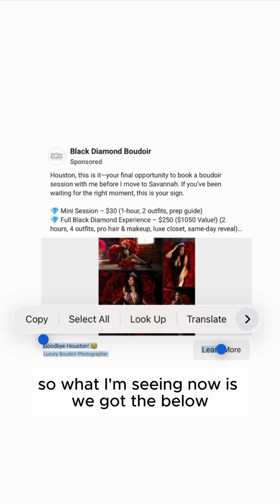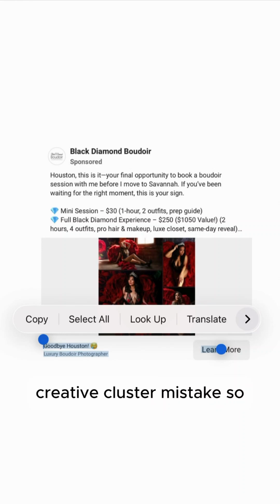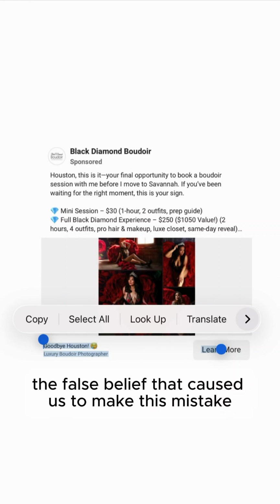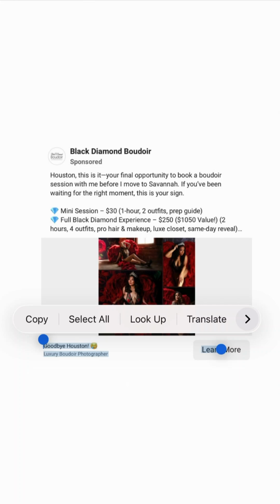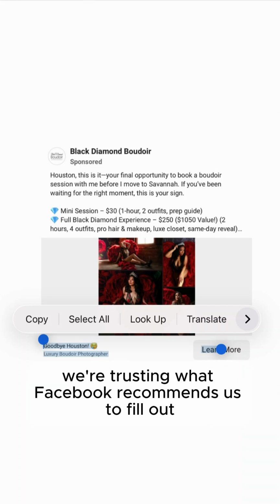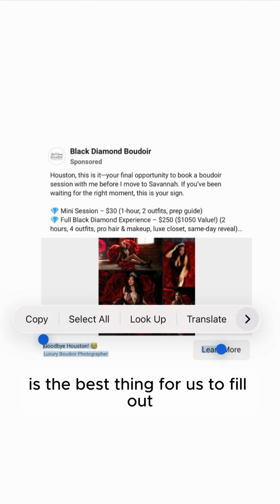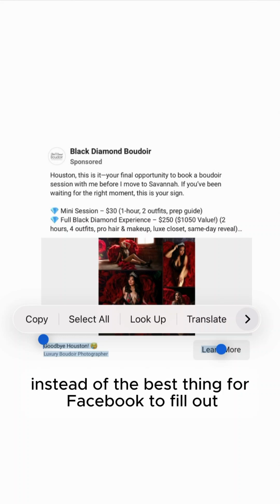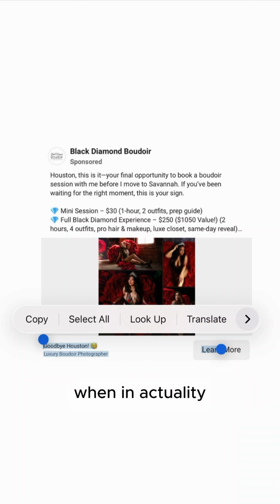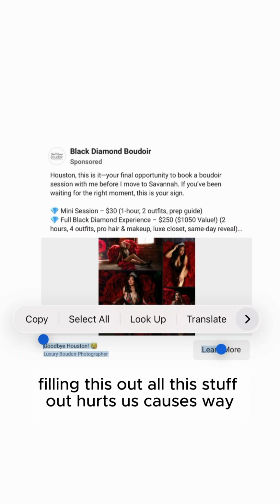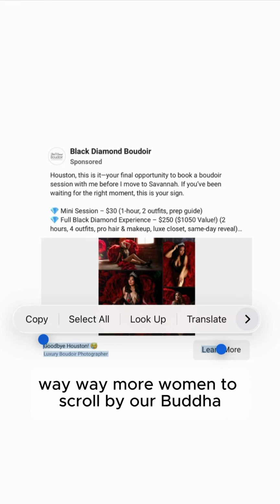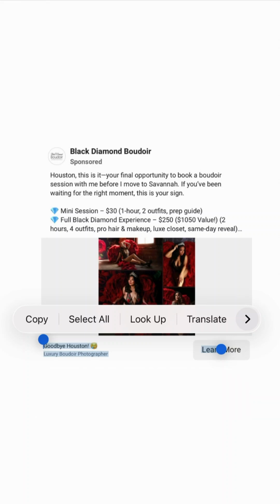What I'm seeing now is we got the below creative cluster mistake. The false belief that caused us to make this mistake is that we're trusting that what Facebook recommends us to fill out when we create our ad is the best thing for us to fill out, instead of the best thing for Facebook to fill out. When in actuality, filling all this stuff out hurts us, causes way, way, way more women to scroll by our Boudoir Facebook ads than necessary.